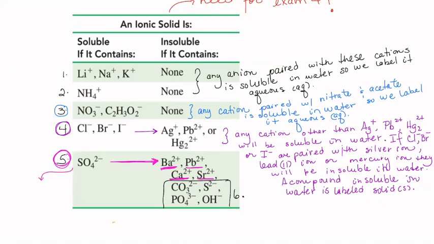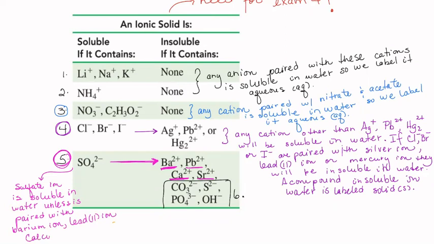So sulfate ion is soluble in water unless it's paired with barium ion, lead 2 ion, calcium ion, or strontium ion.